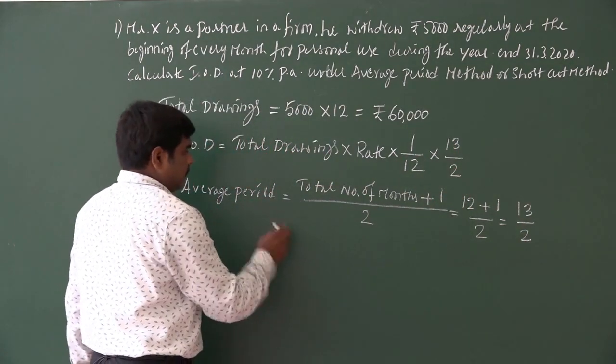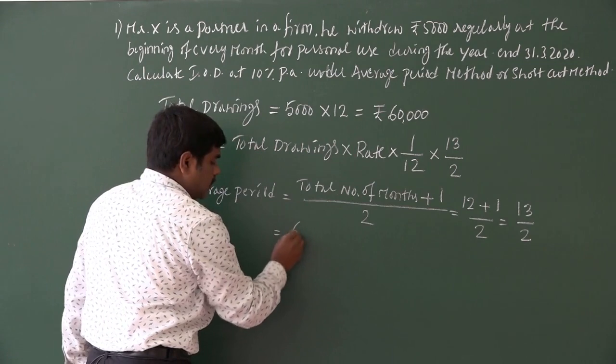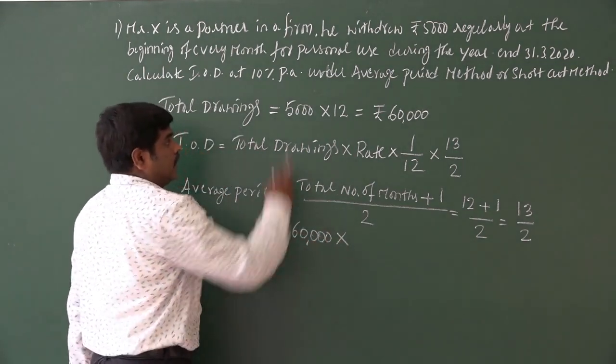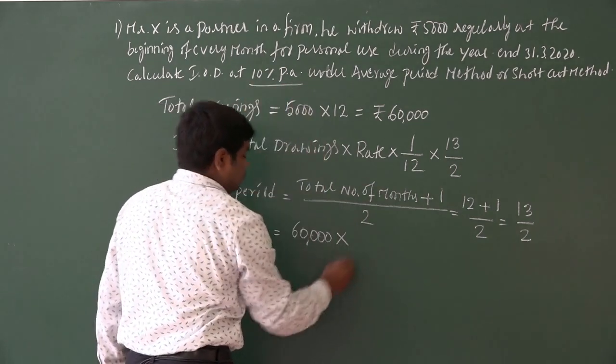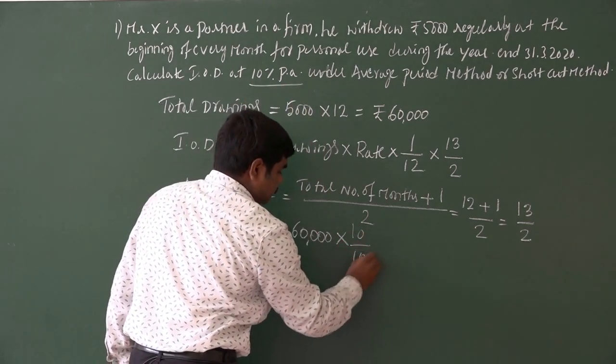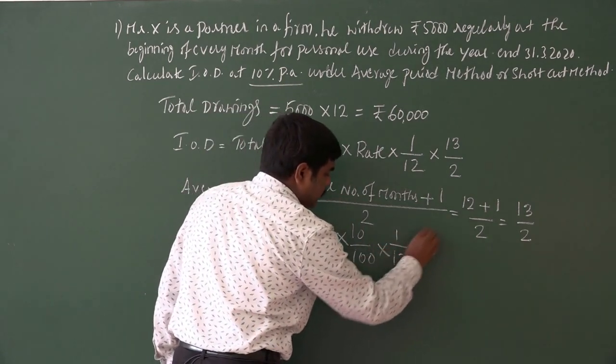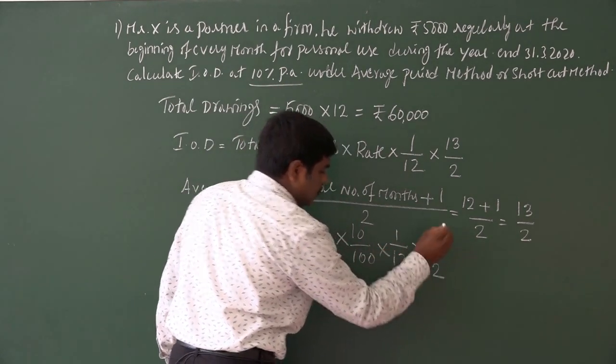Okay. Apply. How much is the total drawing? 60,000 into rate. What is the rate? 10% into 1/12 into 13 divided by 2.